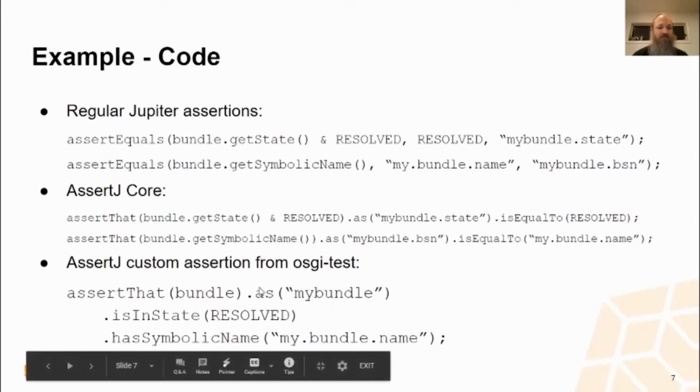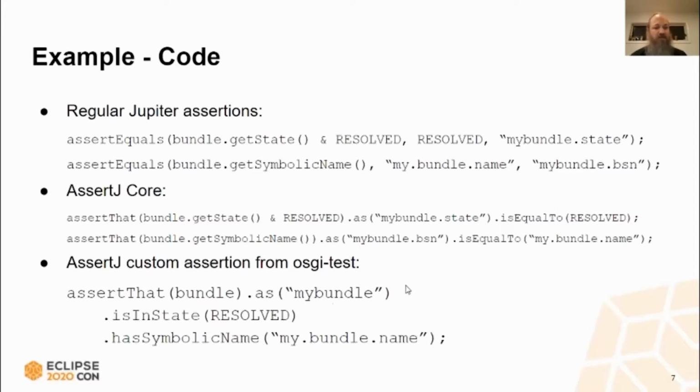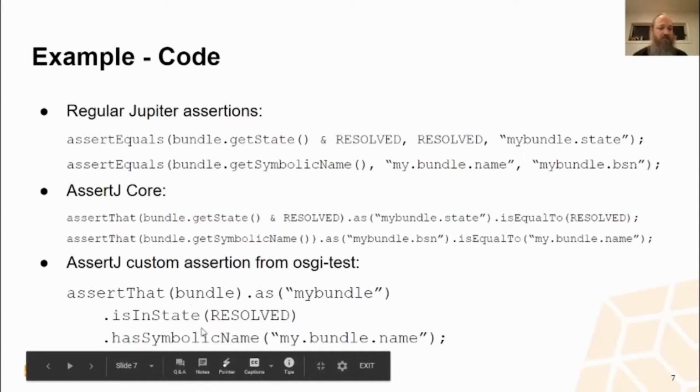And the final example here is what it looks like using osgi-test custom assertions. As you can see, there's only one assertThat statement, and the two different assertions here are chained off of that one assertThat. And we have a nice, easy to understand isInState method where you don't have to fiddle around with the bitmap masking and everything.